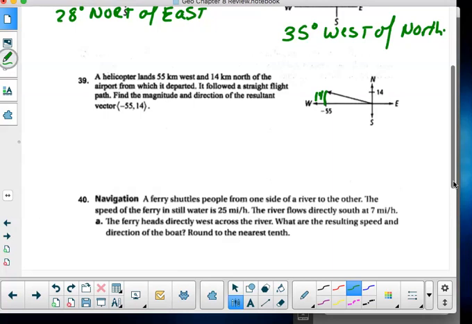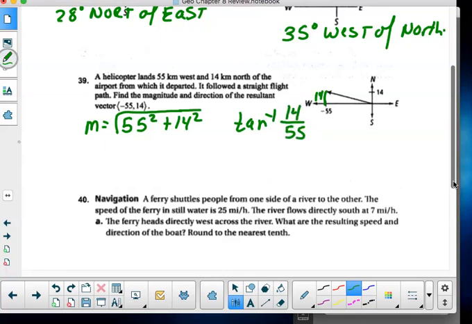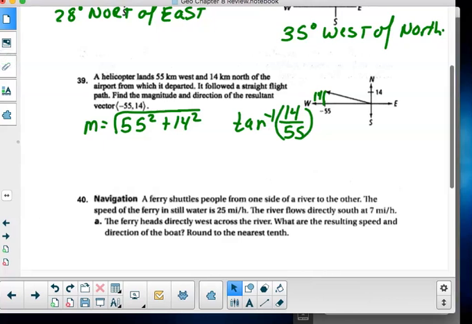Okay, it followed a straight line. Find the magnitude and direction. Well, we just did magnitude and direction. Magnitude, keep in mind, is the 55 squared plus the 14 squared. My direction, tangent, inverse of my opposite over adjacent. So those are two things we're going to run in our calculator.